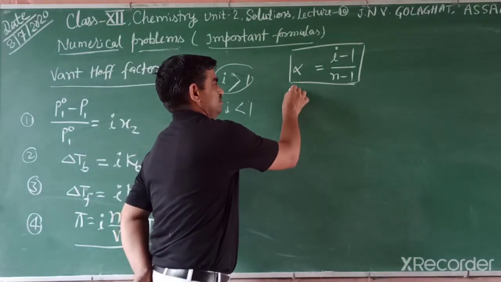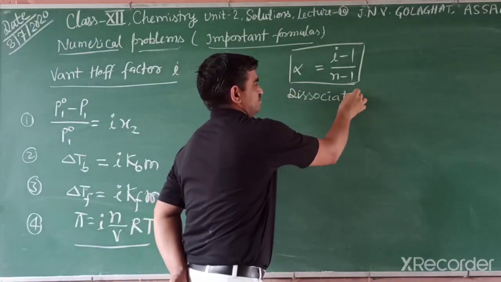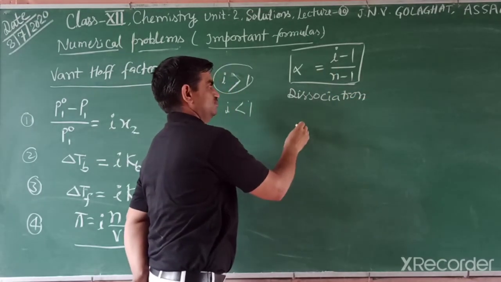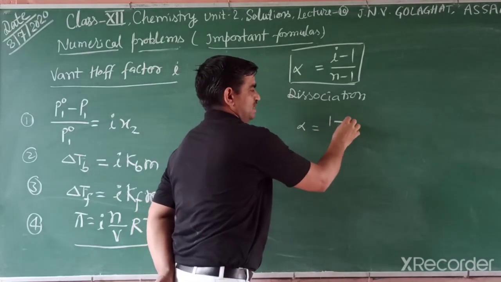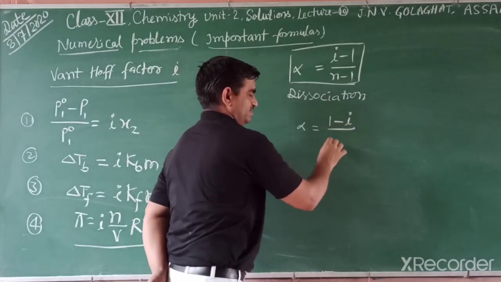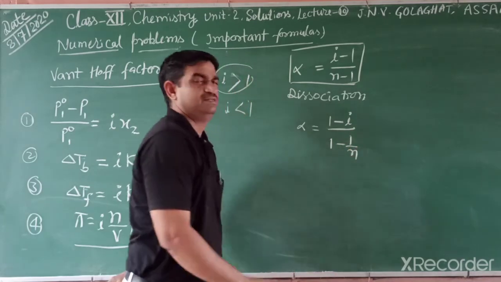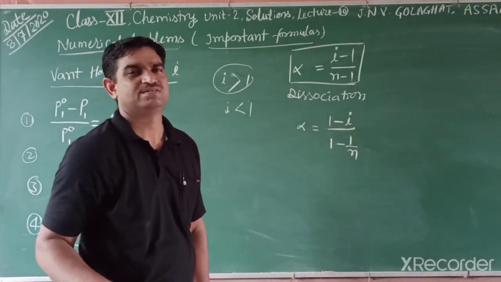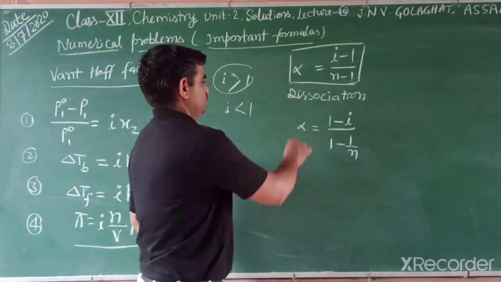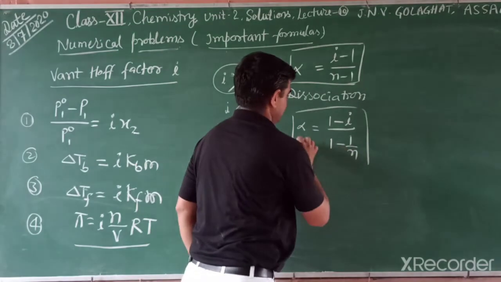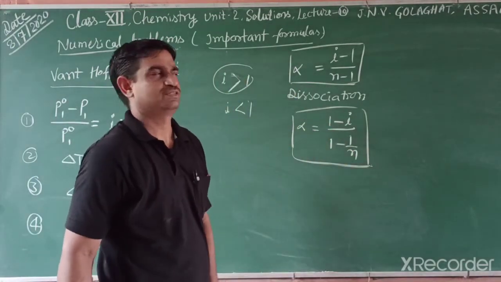For association, alpha equals 1 minus i divided by 1 minus 1 by n. What do we mean by n? n is dimer, trimer: if dimer, 2; trimer, 3; tetramer, 4. By these formulas we can identify the Van 't Hoff factor and degree of dissociation or association.